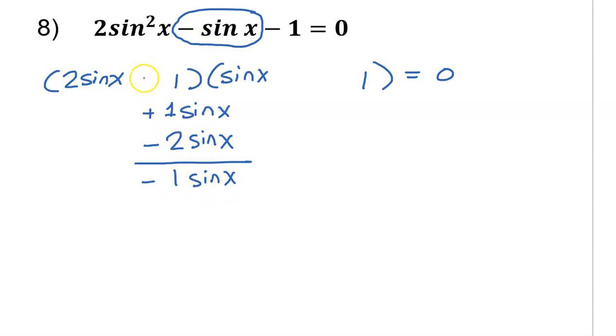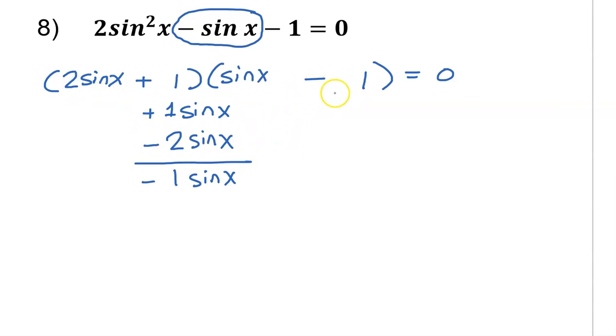That translates into this being positive 1 and this being negative 1. This makes sense because the positive 1 sine x comes from positive 1 times sine x, and the negative 2 sine x came from the outer terms, negative 1 times 2 sine x.